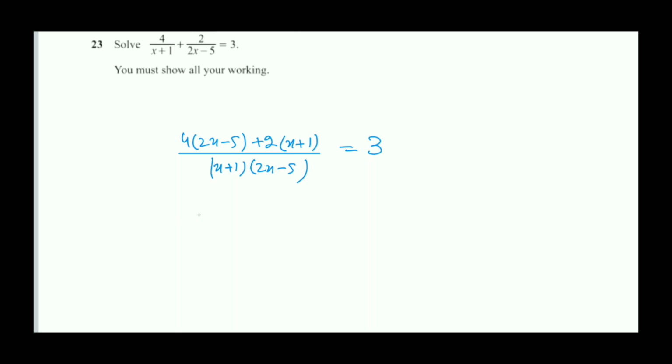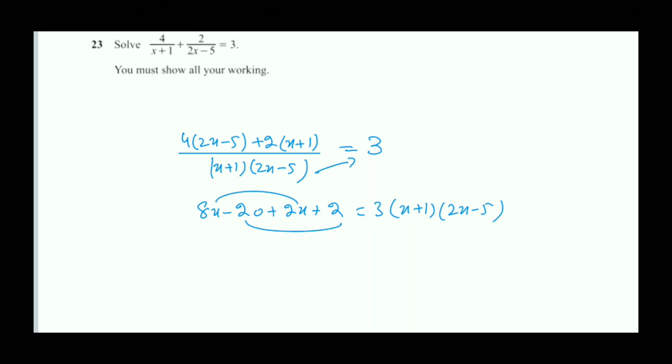Now simplify the numerator. 4 2s are 8x, minus 5 4s are 20, plus 2x plus 2. The denominator: you can multiply the denominator with 3 in this cross multiplication step. 3 will be multiplied with x plus 1 and 2x minus 5. Now you can simplify 8x and 2x, and 20 and 2. 8x plus 2x is 10x, and minus 20 minus 2.